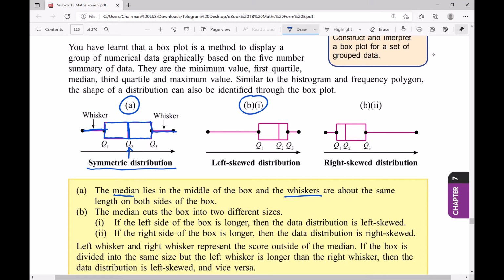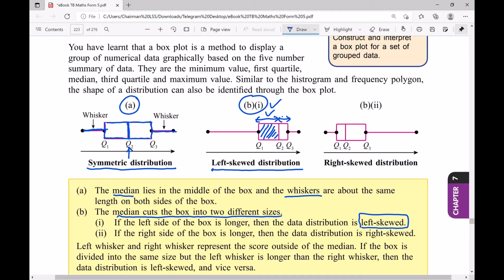The second one, B: the median cuts the box into 2 different sizes. You can see here is longer than this one, which is shorter. If the left box is longer, then the data distribution is called left skewed distribution.